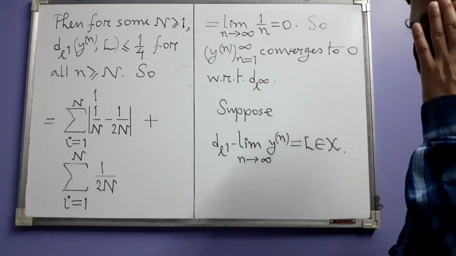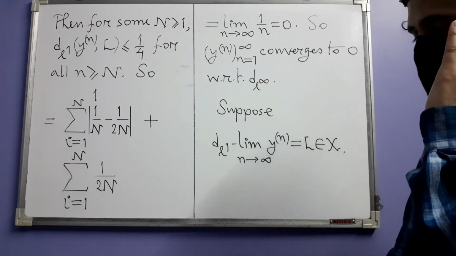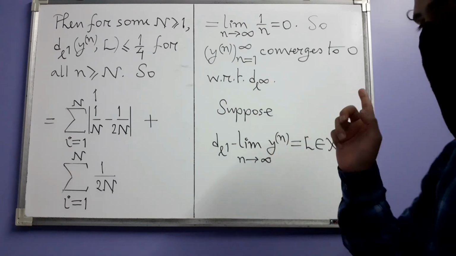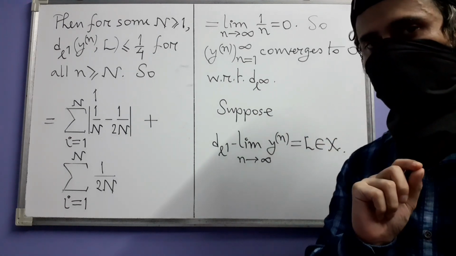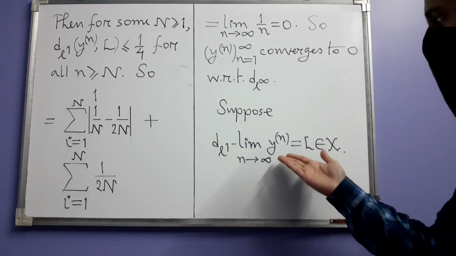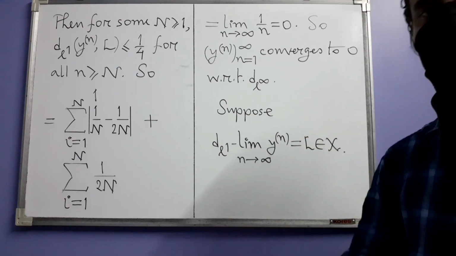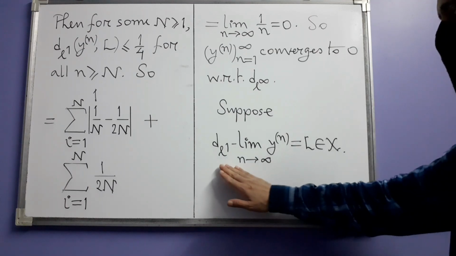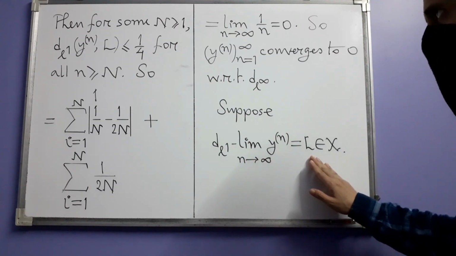See, we are not trying to say simply that yn does not converge to the 0 sequence with respect to dl1. Actually, here we are trying to say that yn is not convergent at all.